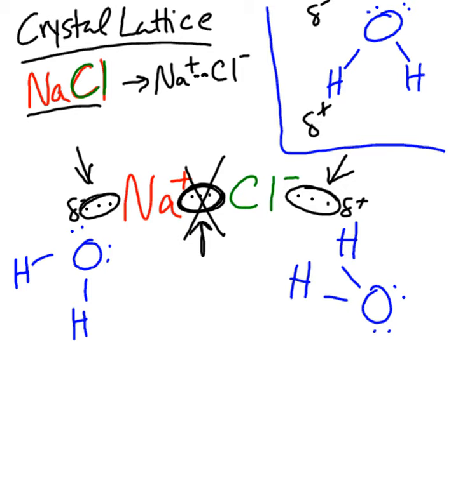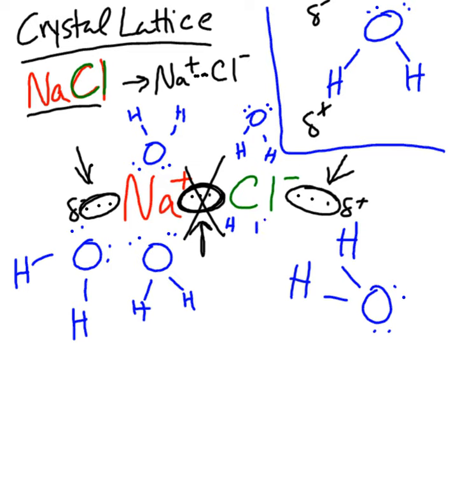And instead of having chlorides surround the sodium, it's going to have a whole bunch of oxygens surrounding the sodium. And then same thing with the chlorine: it'll be hydrogens, hydrogens.